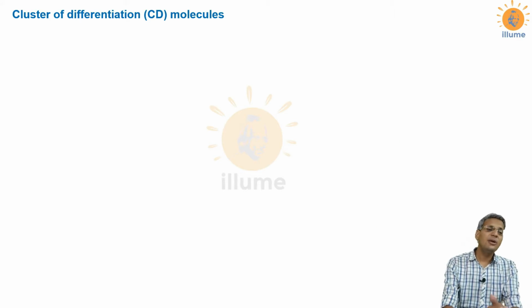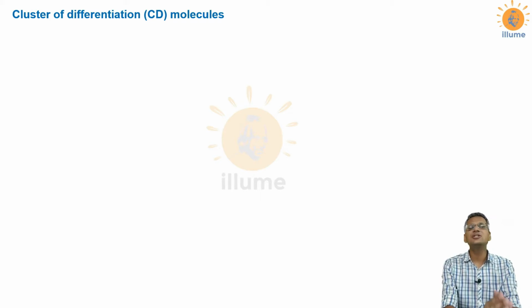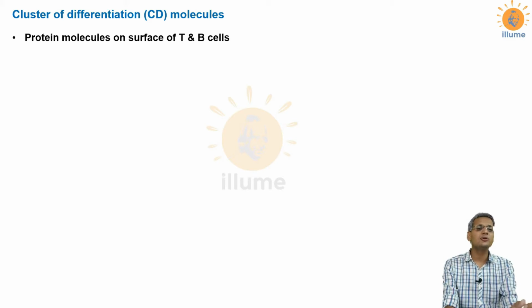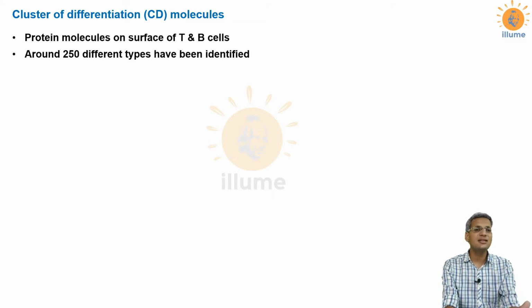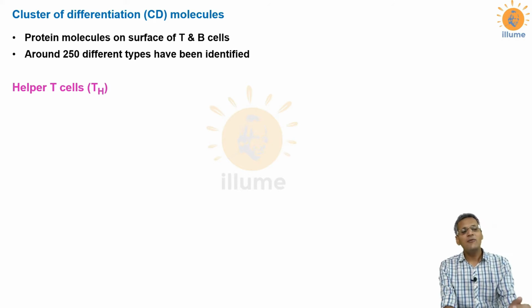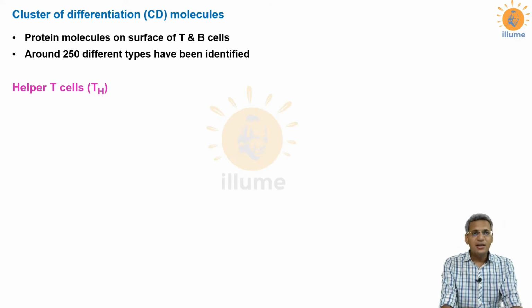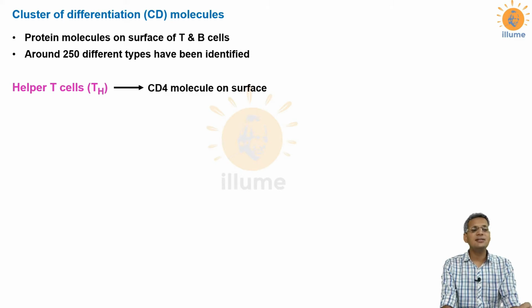Now I'll be having a discussion on cluster of differentiation molecules, that is CD molecules. What are CD molecules? These are some protein molecules which are present on the surface of T cells and B cells, and around 250 different kinds of CD molecules have been identified till date. Now I'm discussing helper T cells. On the surface of the helper T cells, some CD4 molecules are present.